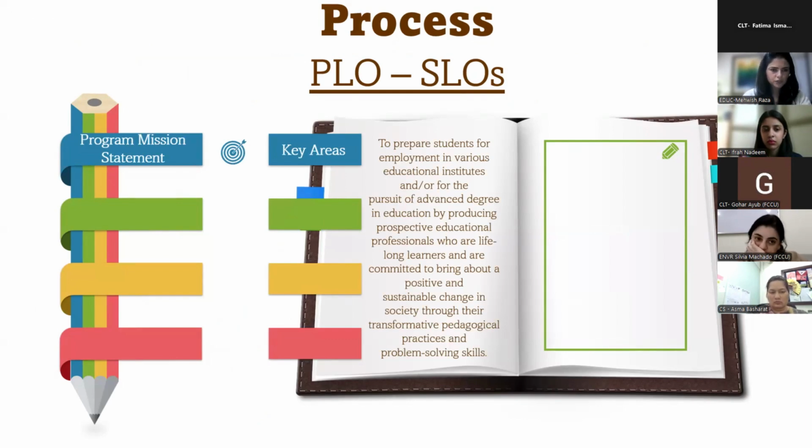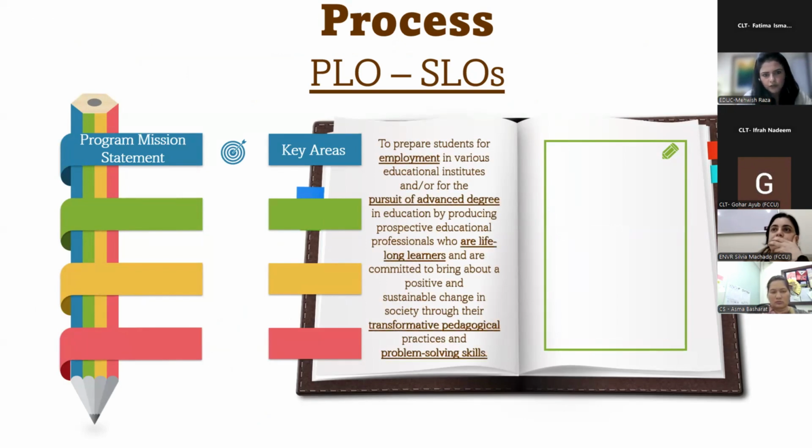The program mission statement should well articulate all the outcomes that the program needs to accomplish by the end of graduation. The key areas that we identified were to prepare students for their employment, pursuit of advanced degrees, lifelong learning, transformative pedagogical skills, and problem-solving skills.